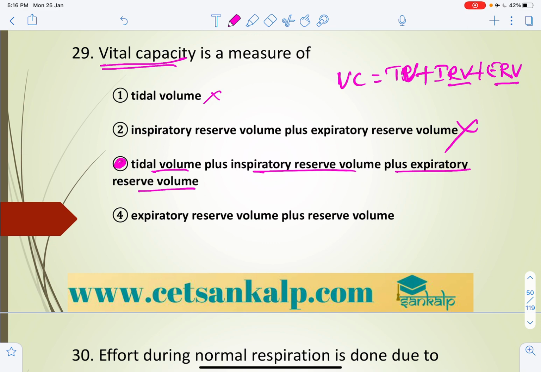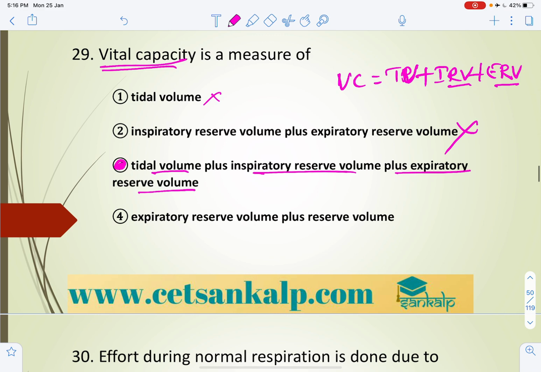So the third one: vital capacity is the measure of tidal volume plus inspiratory reserve volume and expiratory reserve volume. Here you should keep in mind that IRV and ERV are the additional volumes of air inspired over normal inspiration by forcible inspiration, and over normal expiration by forcible expiration, that is ERV.